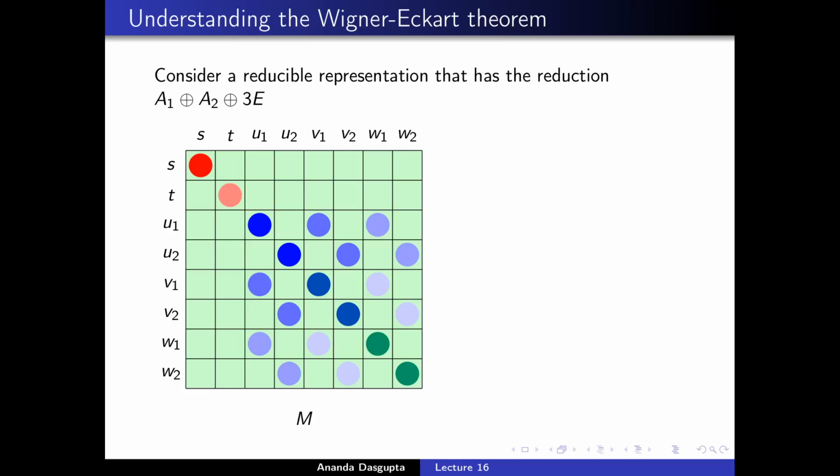Notice that our Wigner-Eckart theorem tells you that you are going to get a zero matrix element if the irreps differ, or if the labels of the basis vector within the irrep differ. Now V1 and U1 are different functions. They span different invariant subspaces.